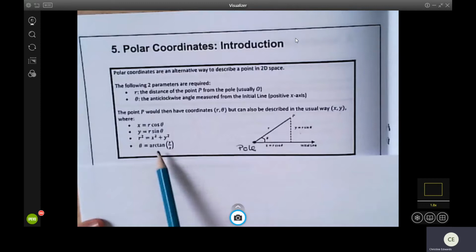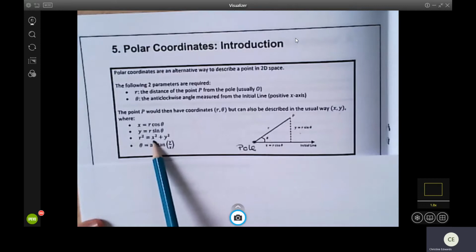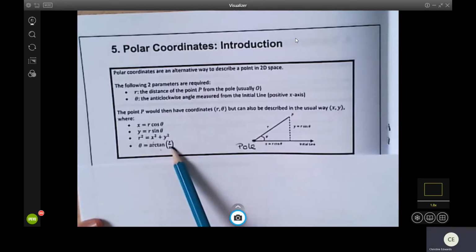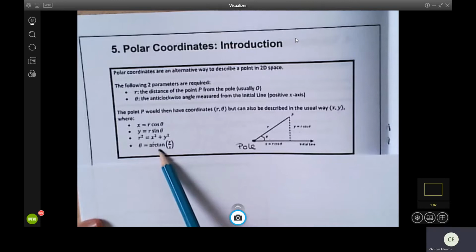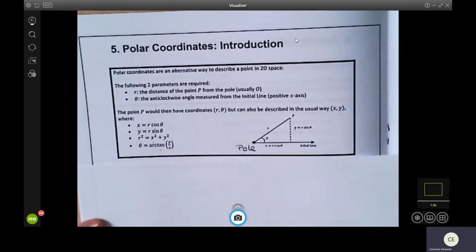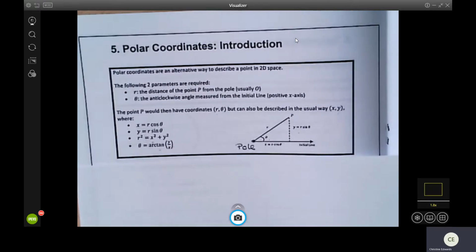R we can find by considering Pythagoras, r squared equals x squared plus y squared, and theta we can find again by using our trig and applying arctan. So it's these four equations that I'm going to work with now in order to be able to convert from polar to Cartesian and vice versa.